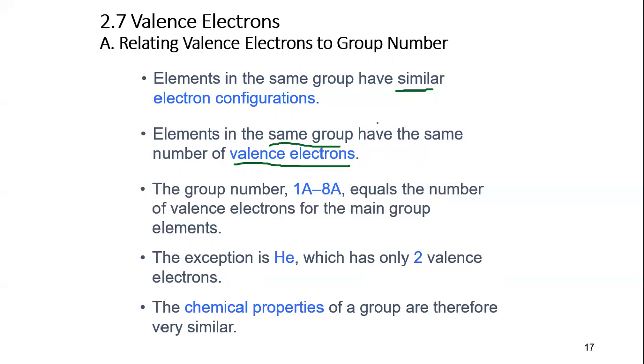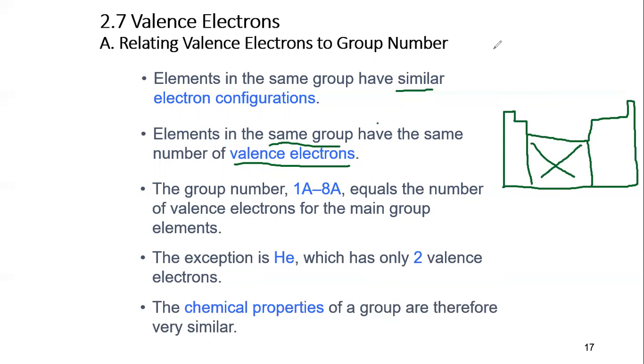And so all these elements in the same group have similar chemical properties because they all have a similar number of valence electrons. So again, if I was to draw the periodic table, and we're just looking at main group, so we're going to disregard transition metals.